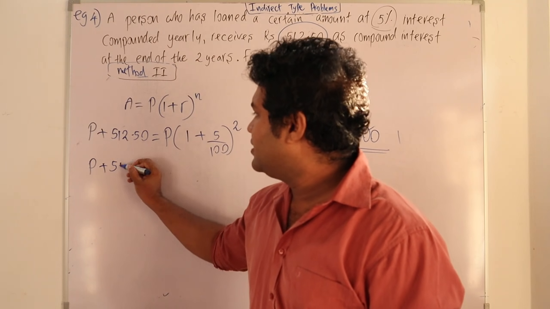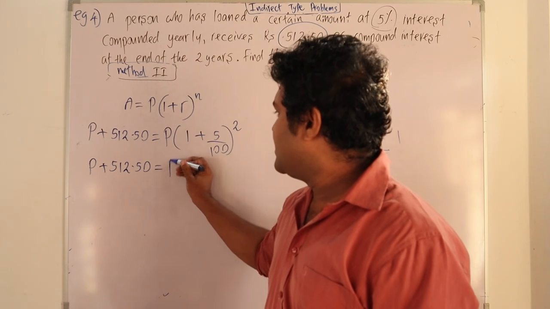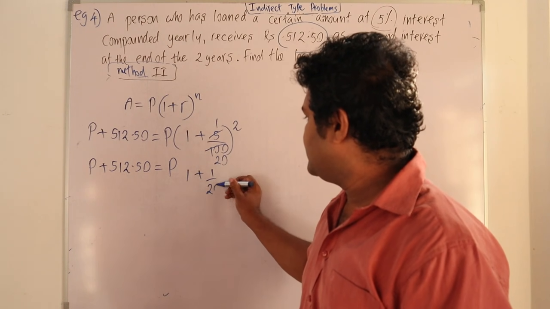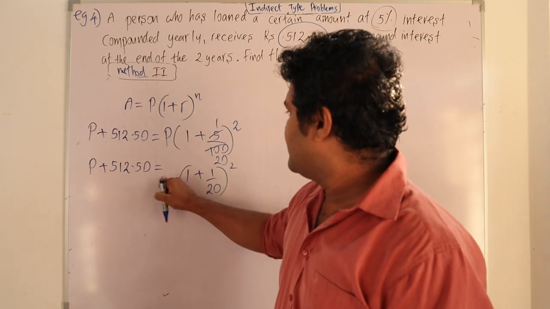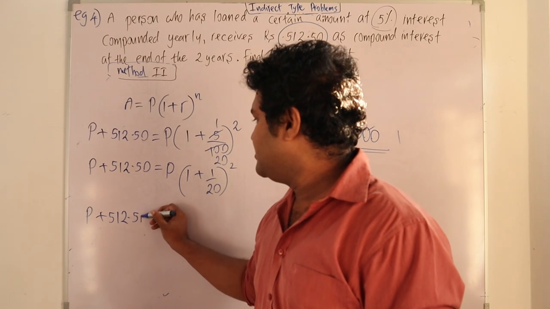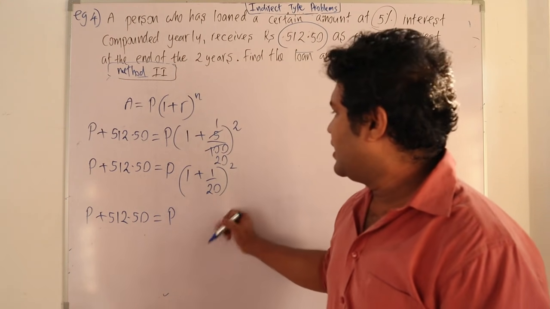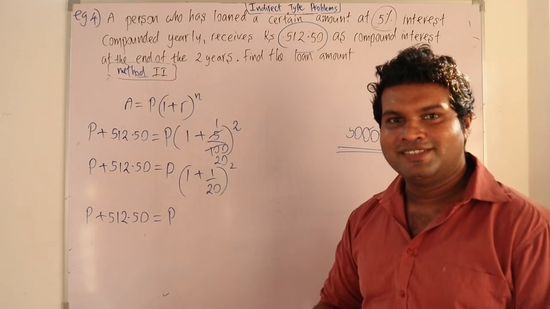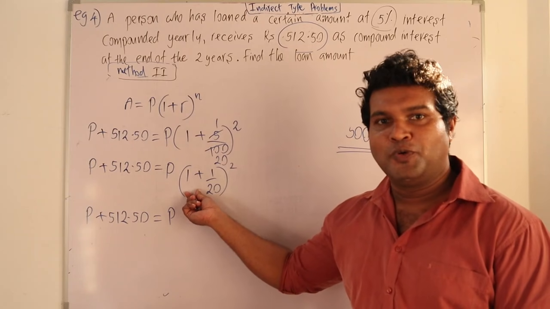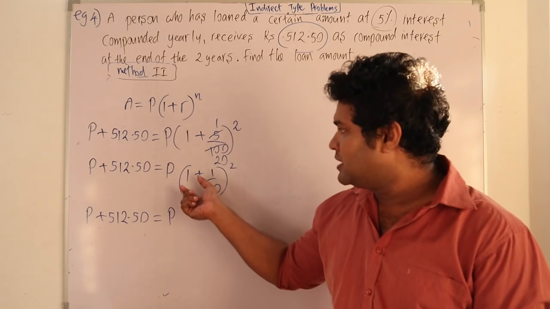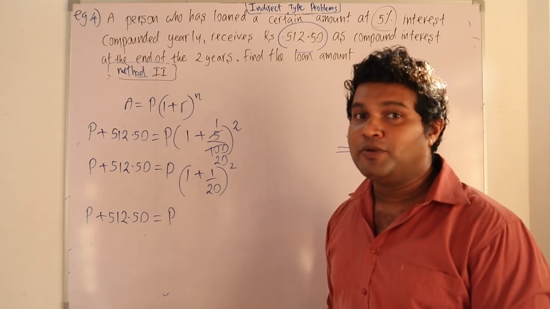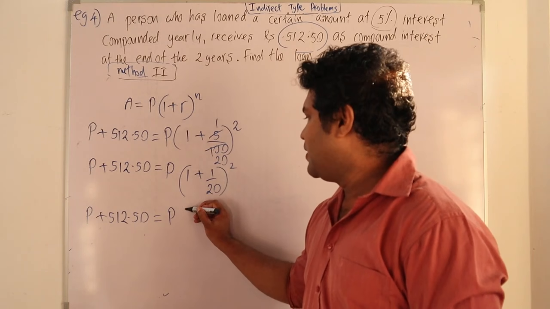P plus 512.50 equals P times (1 plus 5 over 100), that is 1 plus 1 over 20. So P doesn't change. 512.50, P. Number with a fraction: if it is out of 20, this is 20 over 20, plus 1 over 20, that is 21 over 20.